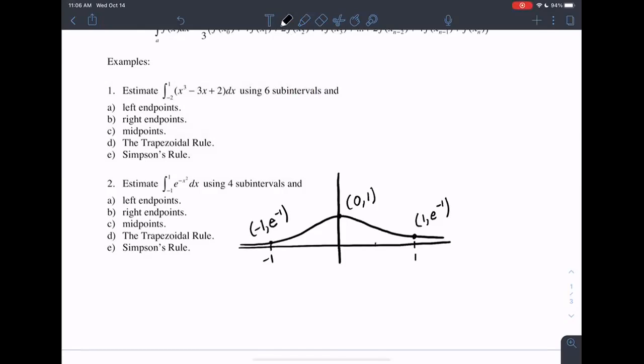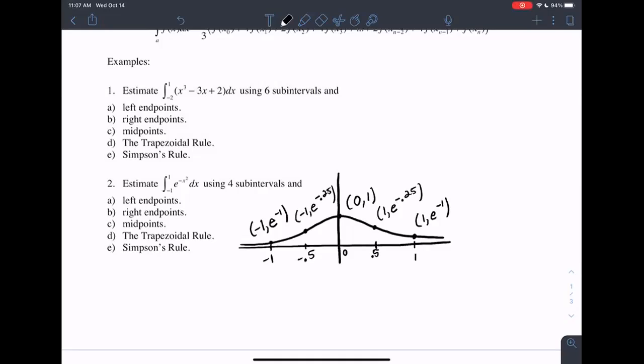And then I'm going to need the x value of 1/2 or 0.5 and the x value of negative 0.5. So this will be e to the minus 0.25, right? Squaring 0.5 gives me 0.25. And squaring negative 0.5 also gives me 0.25. So it's e to the minus 0.25.